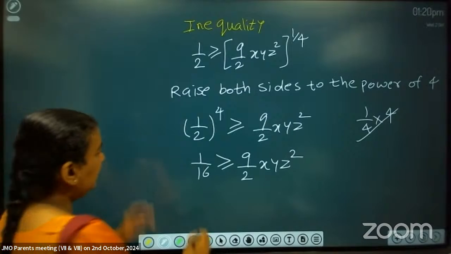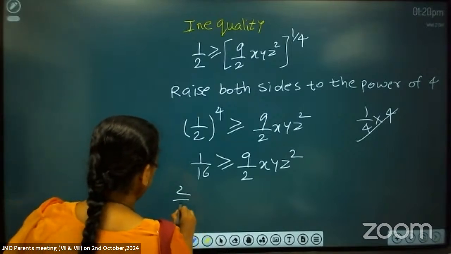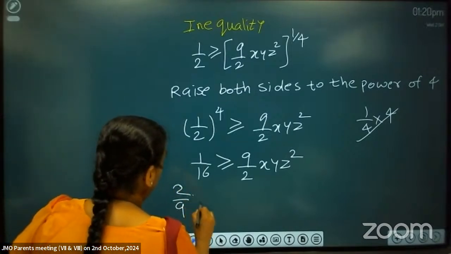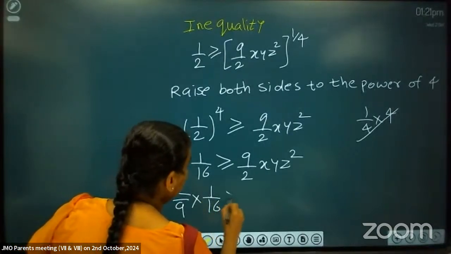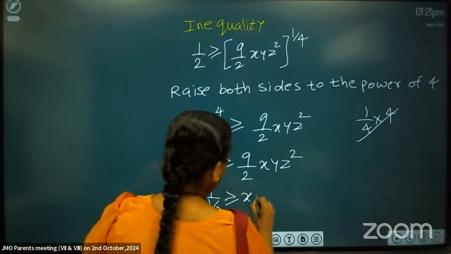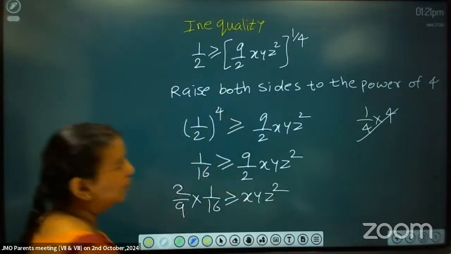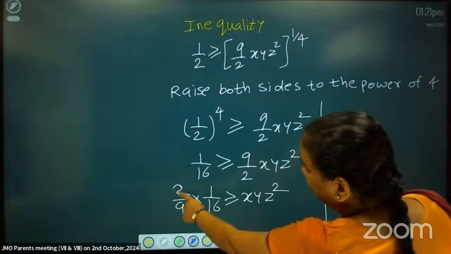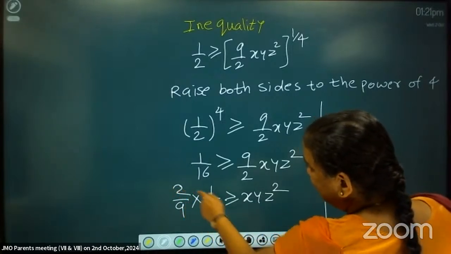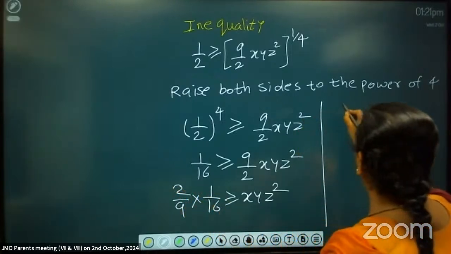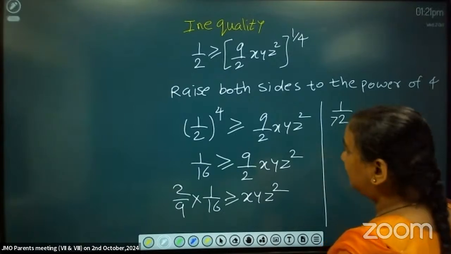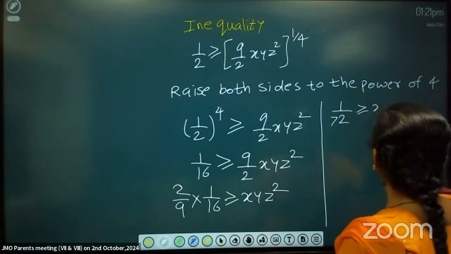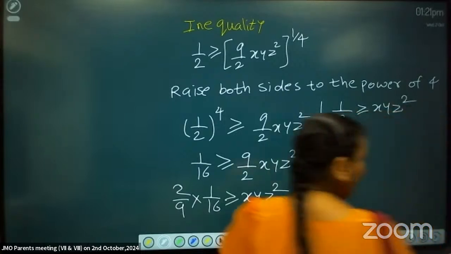Take it here. It is 2 upon 9 multiplied by 1 by 16 is greater than or equal to xyz square. So how you will write this further? 2 and 16, 8, 9 into 8, 72. So 1 upon 72 is greater than or equal to xyz square.